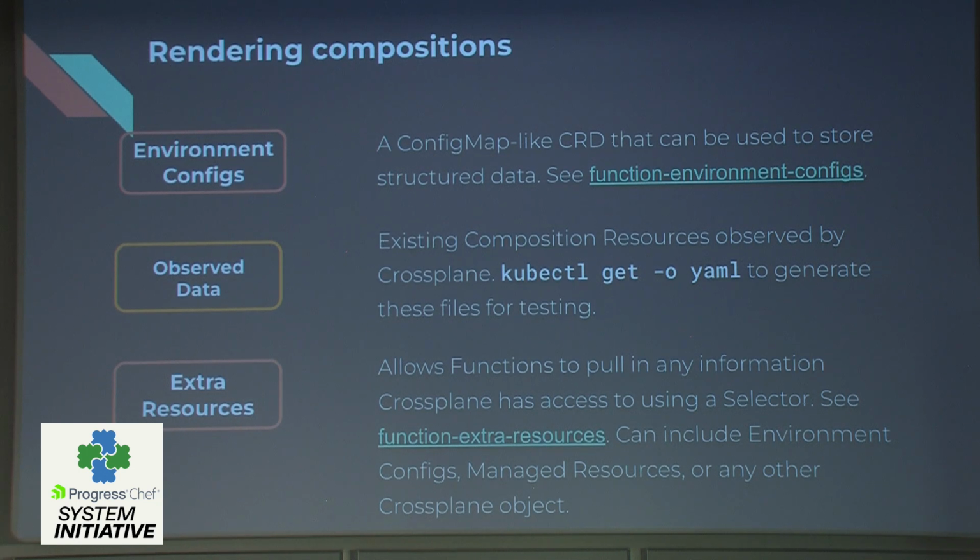There's also an option to pass extra resources, because with functions you have the ability to pretty much query any other Kubernetes object and use it as a base or whatever you want to do with it in your composition. So extra resources gives you an option when rendering to actually picture that as well.